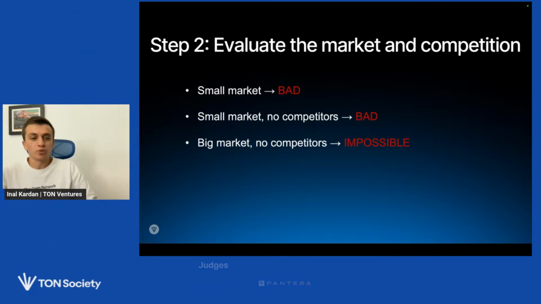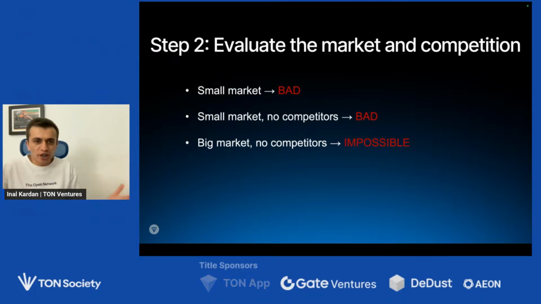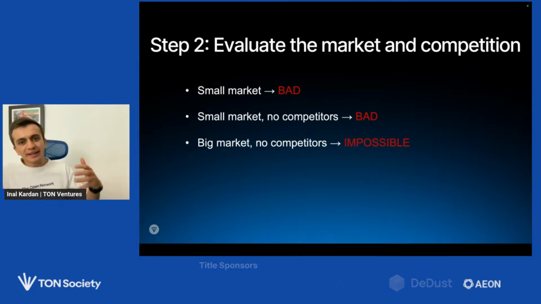For example, ChatGPT creating an assistant, but usually those are related to breakthroughs in technologies or really new things. Like Bitcoin, for example: it was a completely new thing, and the market is huge and there were no competitors. But again, this is a really rare case.